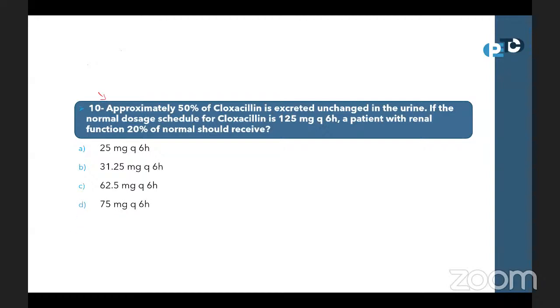When they mention that any drug is excreted unchanged in the urine, this means that the kidney does not affect the excretion of this percentage.